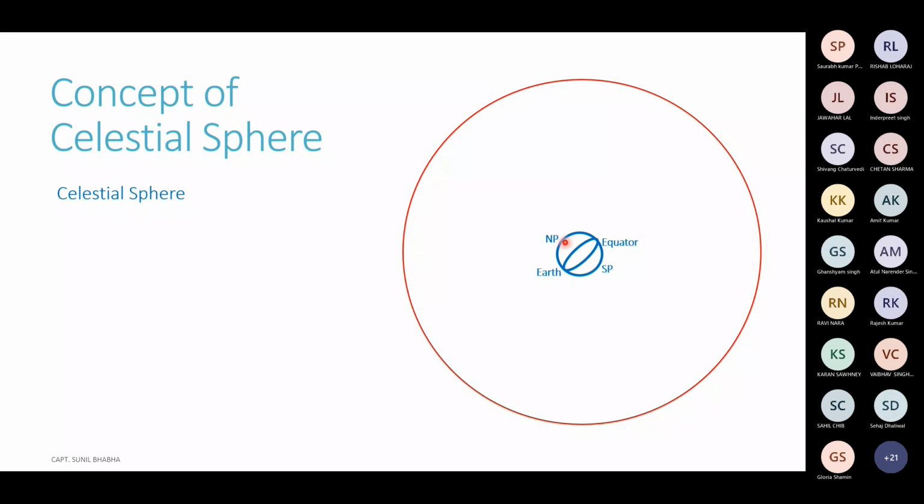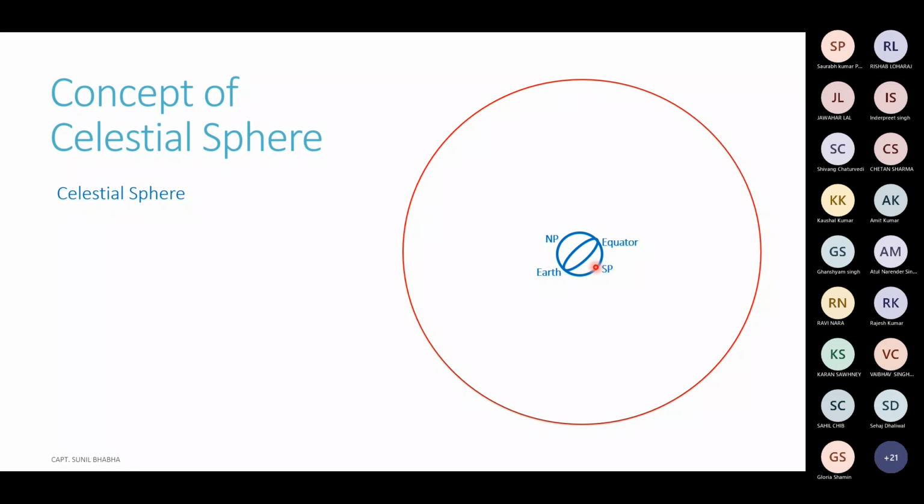Meridians are semi-great circles passing through the poles, the North Pole and the South Pole. We have the Greenwich meridian as our reference meridian, and we have the meridians running 180 degrees east and west of the Greenwich meridian. So they give us a reference to find out the longitude of a particular position.